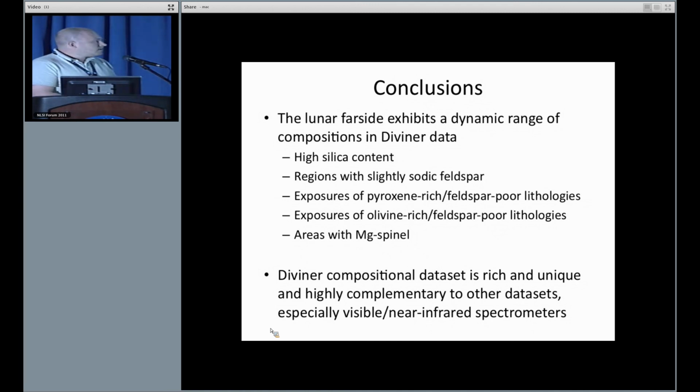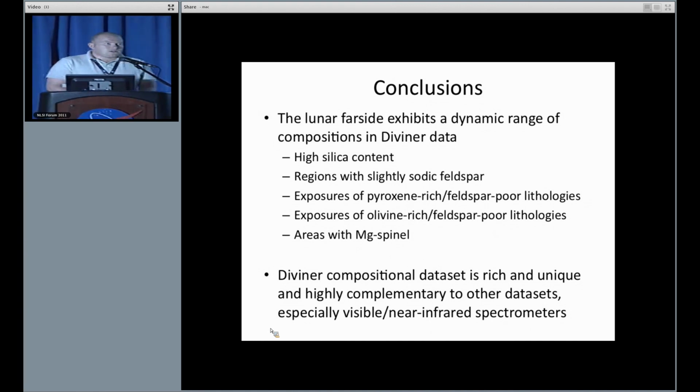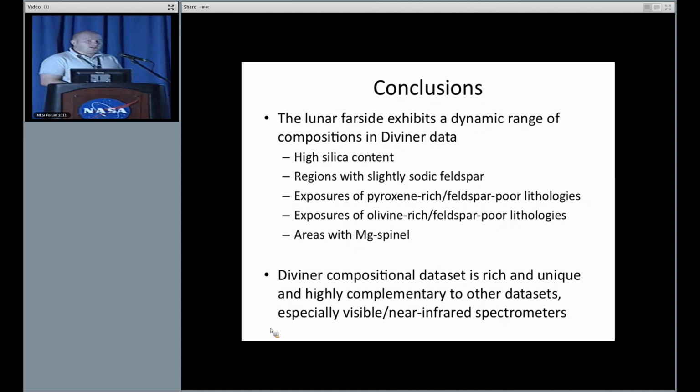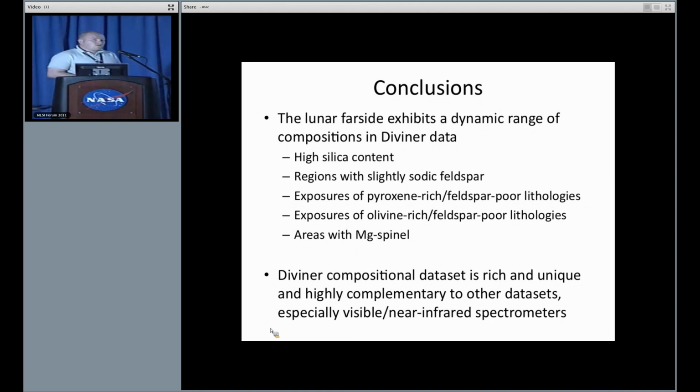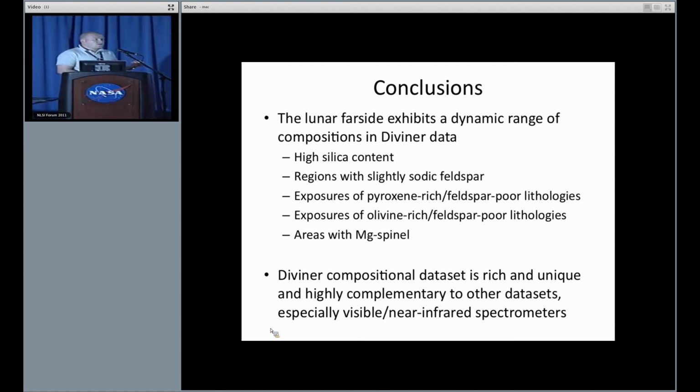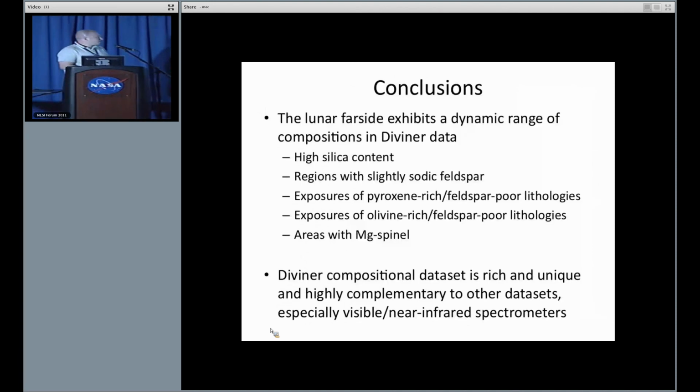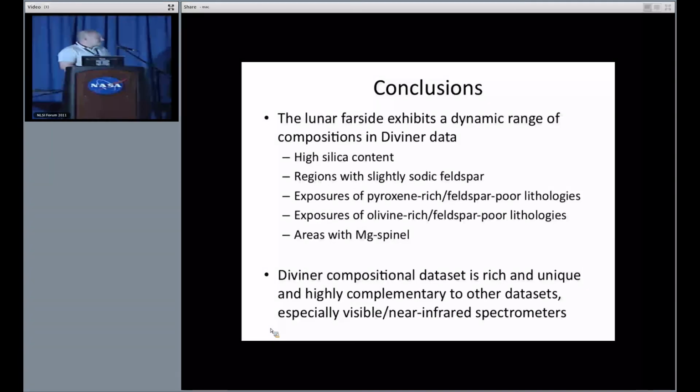And the bottom line here really is that the Diviner data set is rich and unique. It has the ability to measure the plagioclase abundance in these areas, which is something that's lacking from the near-infrared. But you really do need to rely on some of the near-infrared observations in order to figure out which areas are the pyroxene-rich areas and which areas are the olivine-rich areas.